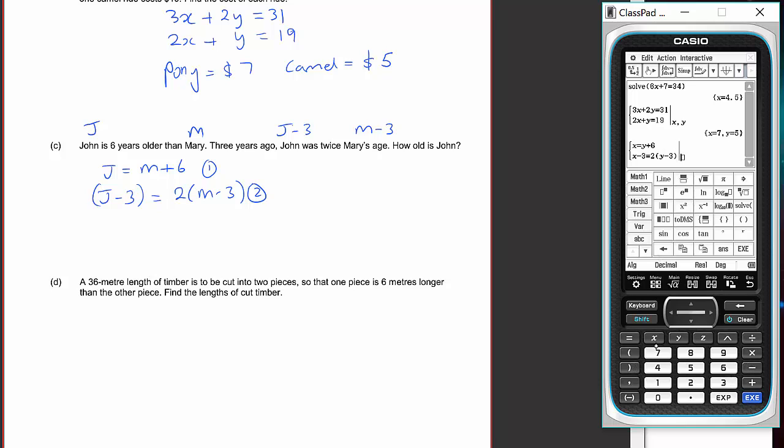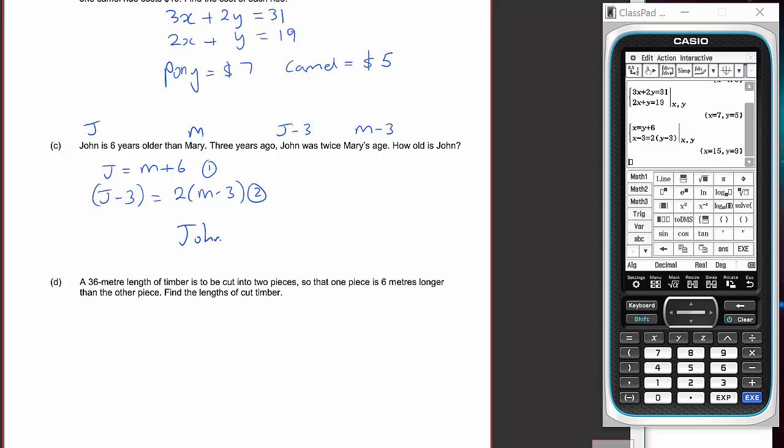And once again we're solving for X and Y. So John is 15.